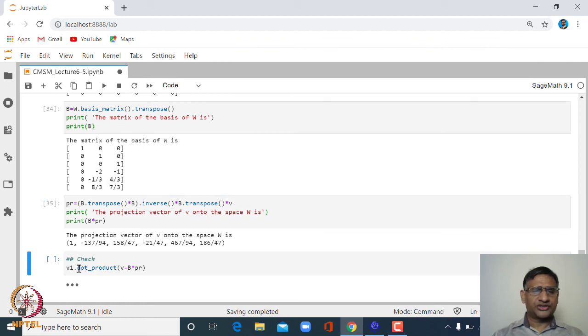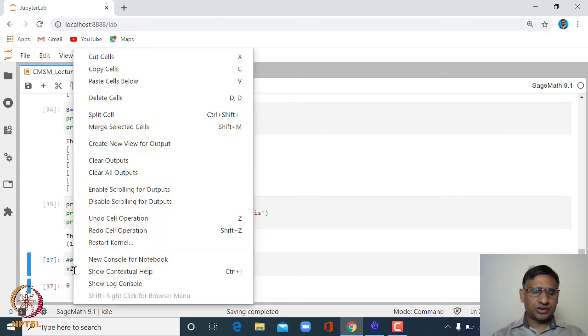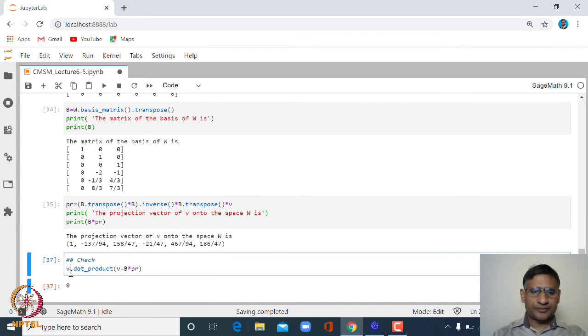And of course you can check that V1 is perpendicular to V minus the orthogonal projection of V onto this W. And not only V1, you can check V2, you can check V3, all of them should be perpendicular.